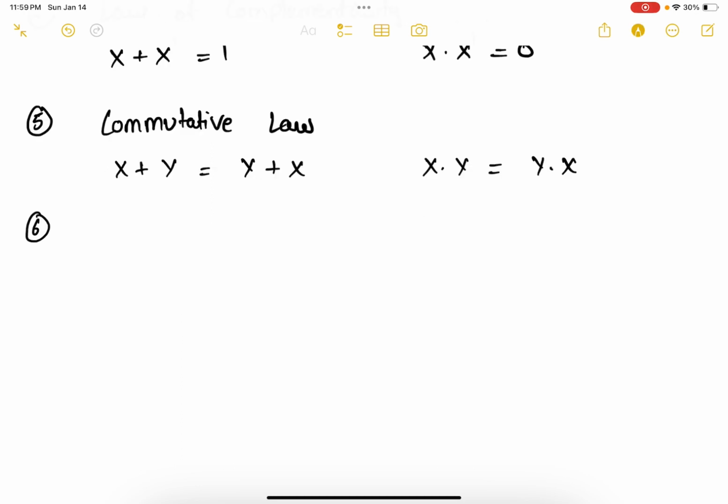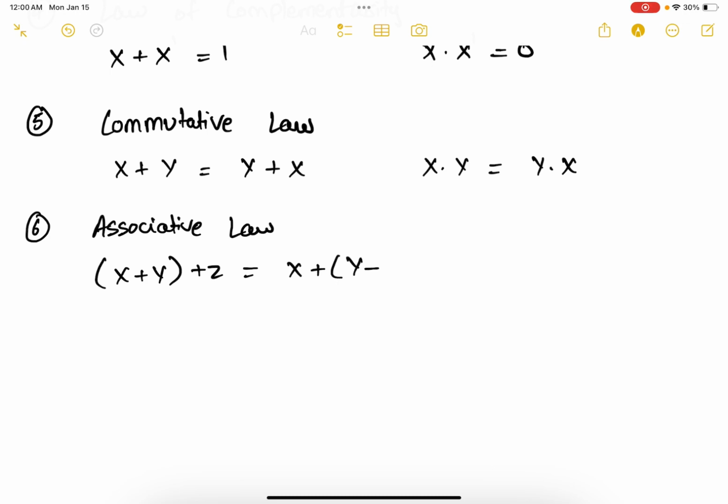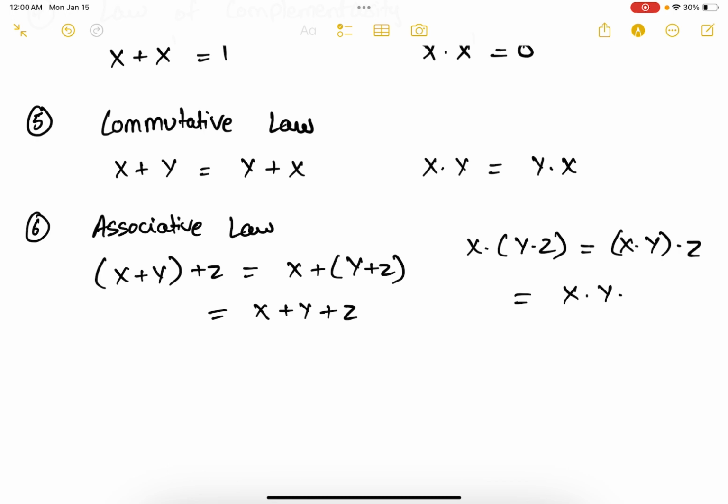Next, we have the associative law. As per associative law, x or y or z is equivalent to x or y or z. The dual is x and y and z equals x and y and z.